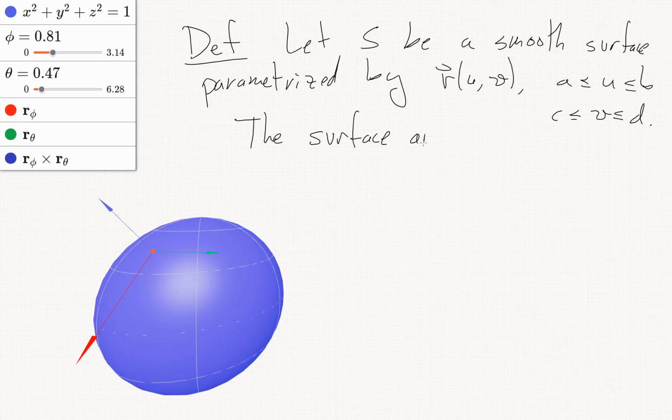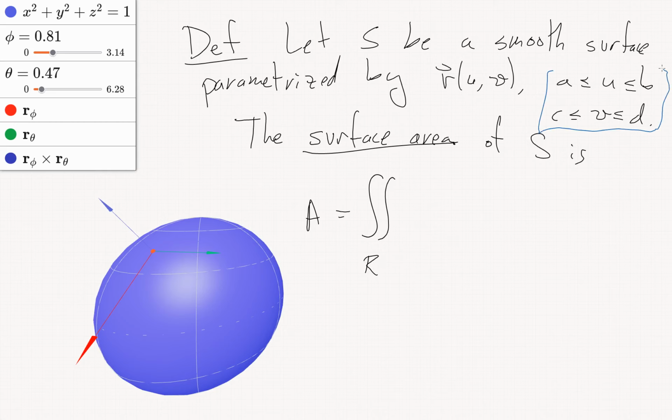Then the surface area of S is A equals the integral over R, our parameter domain, which is this rectangle. The surface area is the integral of the magnitude of this cross product of the partials with respect to area.